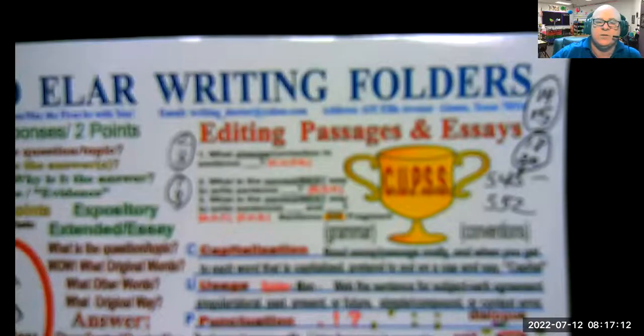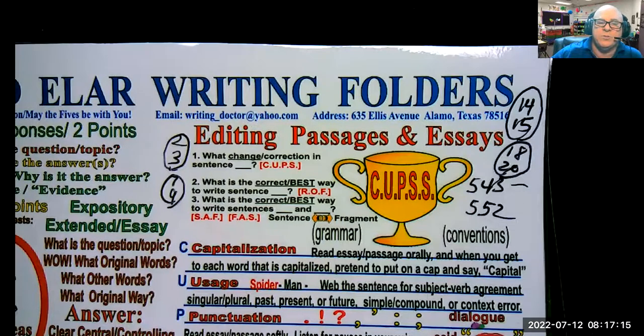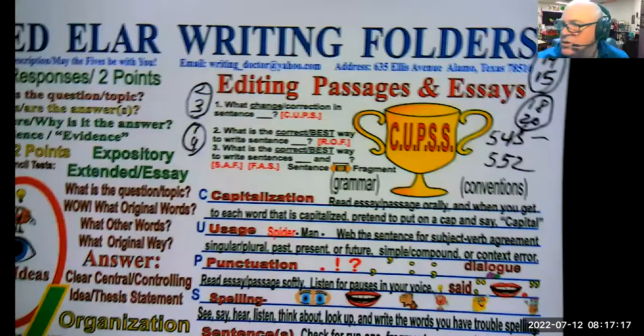We'll do one regular change for 10th grade and one correct or best. And then I'll let you guys work with the other one so you can help your students with that. I just want to remind you, this is an important part of your teaching tools for the next several months.